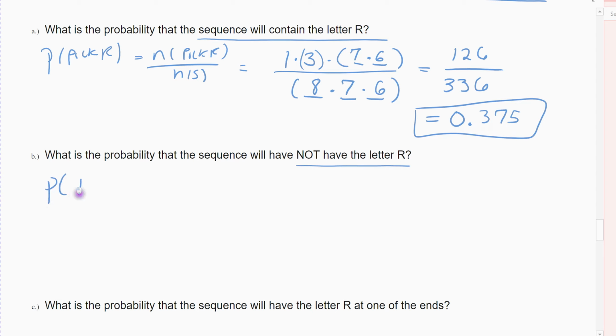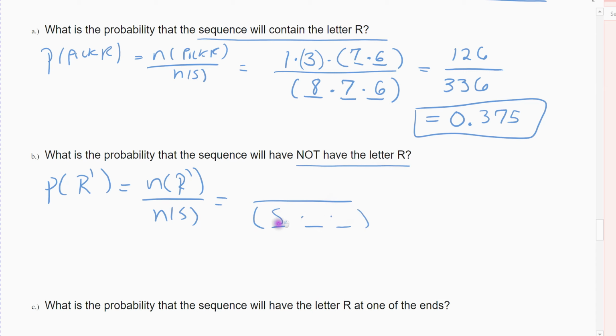Alright, so probability that we do not pick R. Alright, so it's the number of ways to not pick R over the number in my universal. And so my universal is the same. Right? I'm picking 3 letters in my sequence. It would still be 8 for the first choice, 7 for the second, 6 for the third. Up top, I'm picking 3 letters and all of them are not R. So I am throwing R out of the problem, which means I have 7 letters to start with.